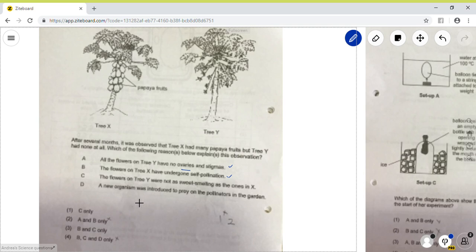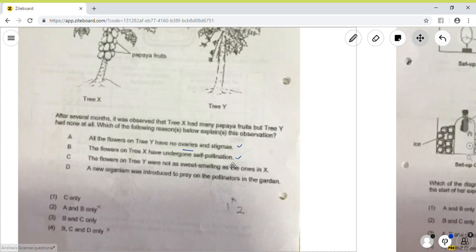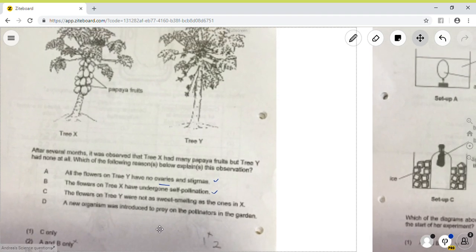Another option: a new organism was introduced to prey on the pollinators in the garden. So no pollination. Why did we eliminate this? The flowers on tree Y were not as sweet smelling.